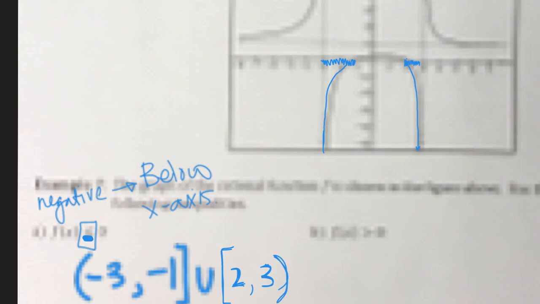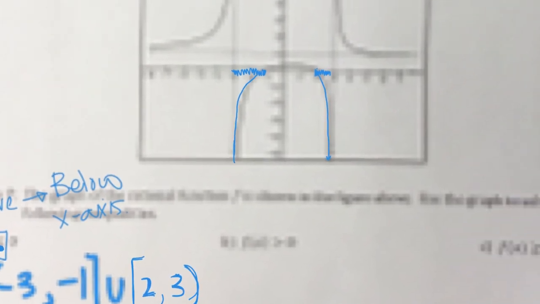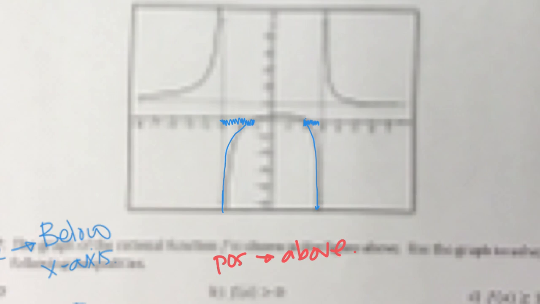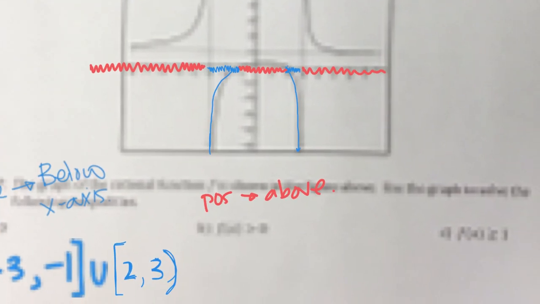Okay, next we have when is it greater than 0? Greater than or positive. Positive values are above. When is the graph above the x-axis? From off the graph all the way to -3. And then we have this little gap in between here where it's once again above the x-axis between -1 and 2. And then it's once again above the x-axis from our asymptote off to the end.